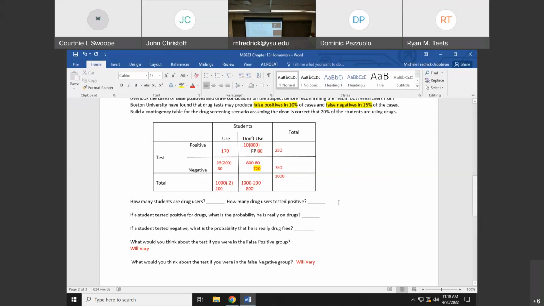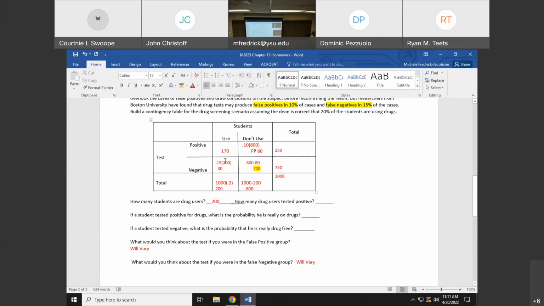Did everyone get the fill in the blank part yet? How many students are drug users? 200. Coming straight, use drugs, 200. How many drug users tested positive? So these are the drug users.